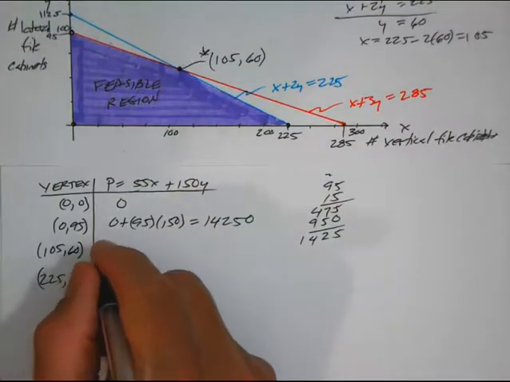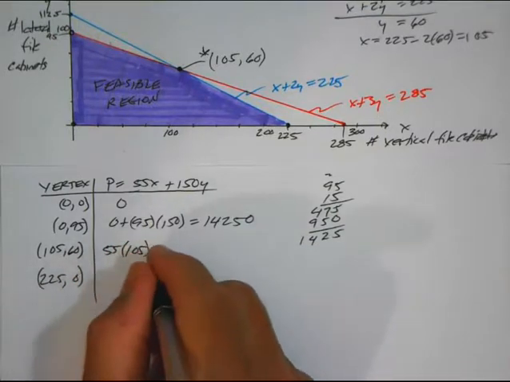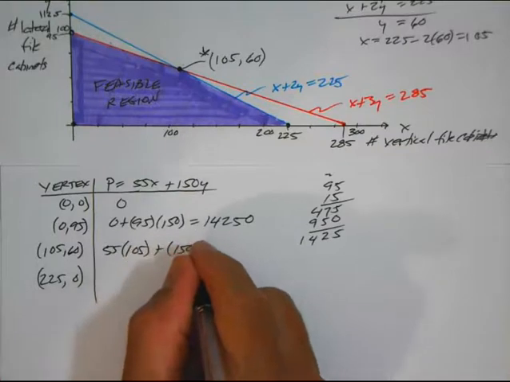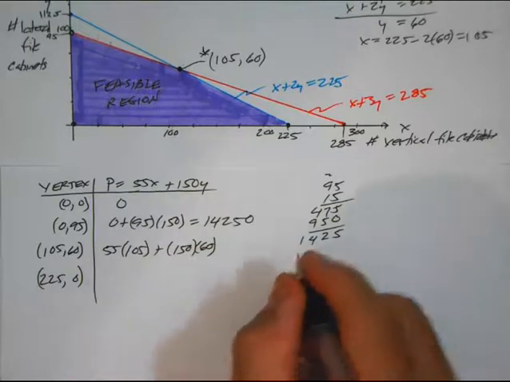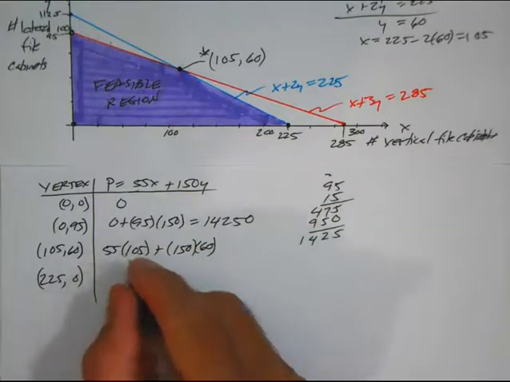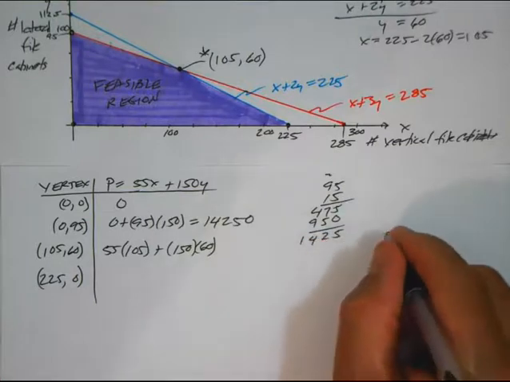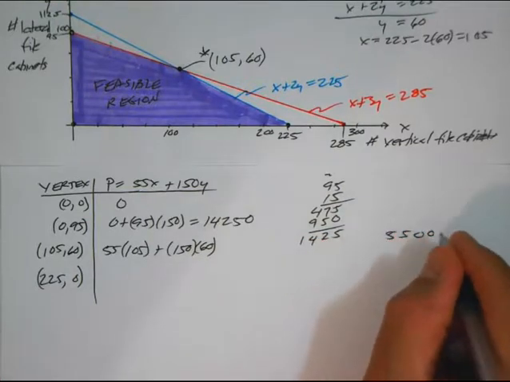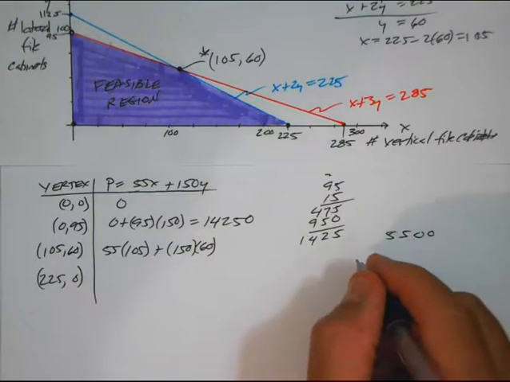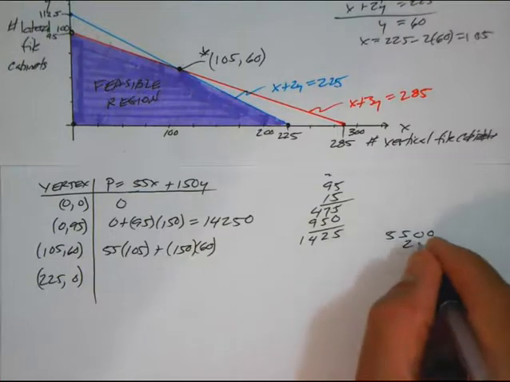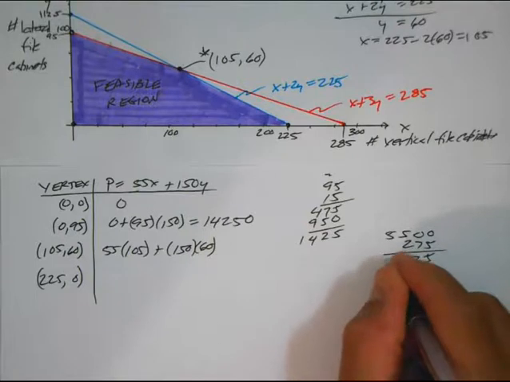This will become 55 times 105 plus 150 times 60. Okay, 55 by 105. Alright, I can just do 55 by 100 at first. That would be there. And then 5 by 55. Let's see, that would be 275. Okay, 5775.